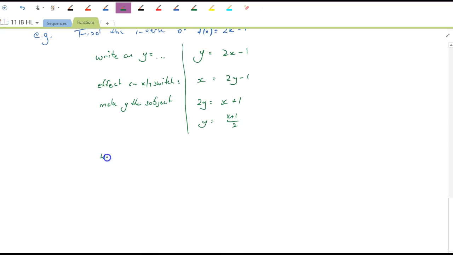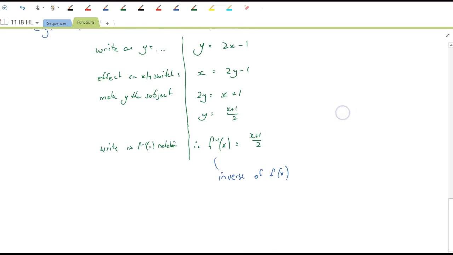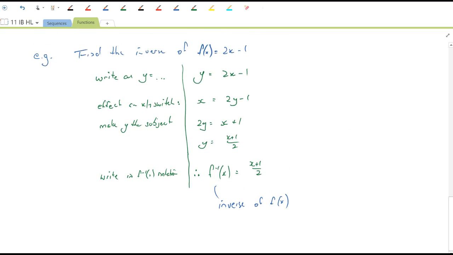So the last step is to write in f minus 1 of x notation, which is therefore f minus 1 of x equals (x plus 1) over 2. Now f minus 1 of x here is the notation for the inverse of f of x. Okay, so that's how to algebraically go about it.